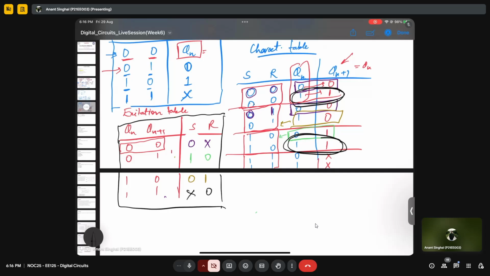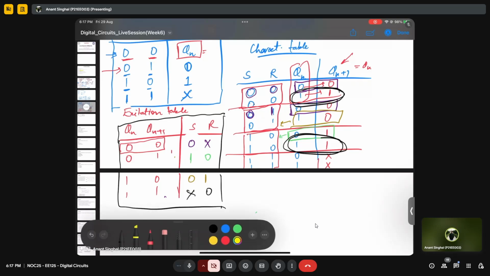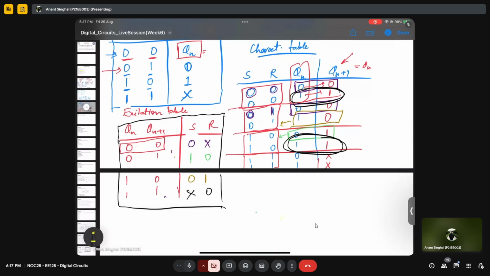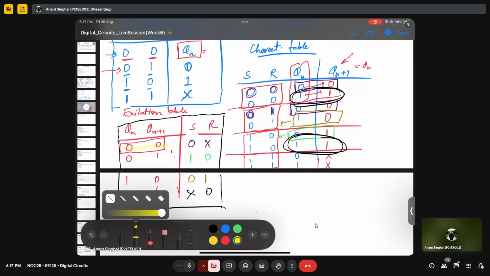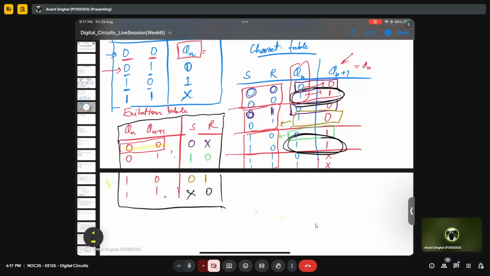And again, why is the value of R a cross? Yeah, so let me give you the example by highlighting. When Qn and Qn plus 1 are 0, there can be two cases, which are basically this one and this one.